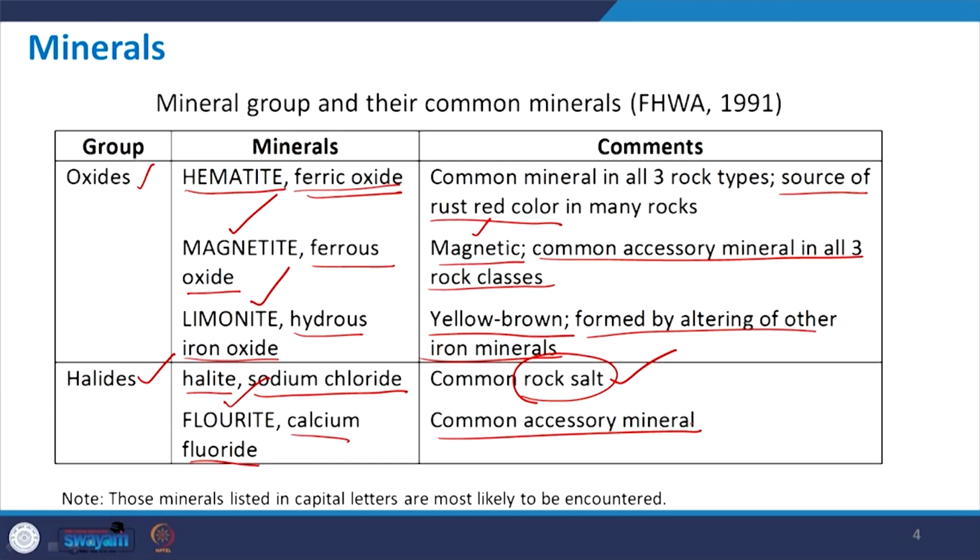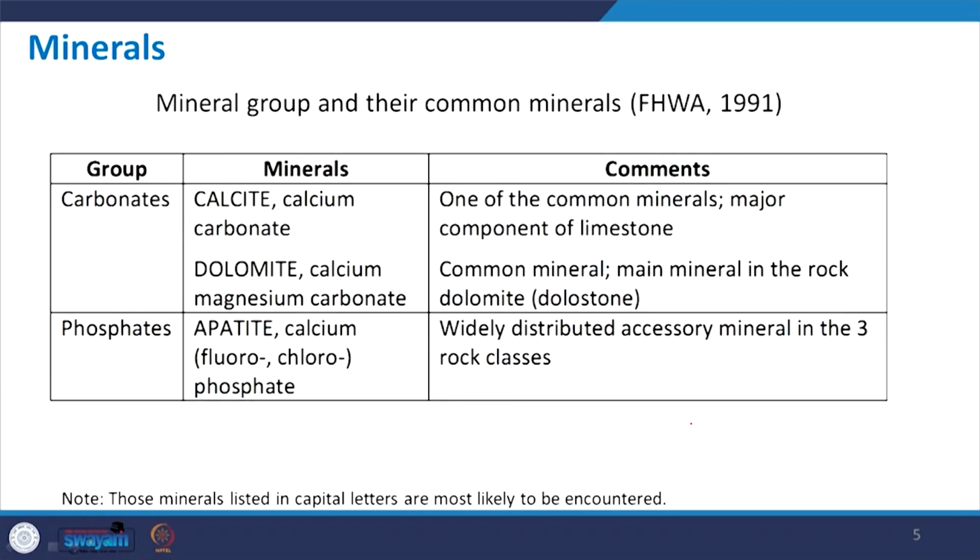Let us move to the next group, which is carbonates. It has calcite, or calcium carbonate, as one of the common minerals, and in limestone rock this is the major mineral.